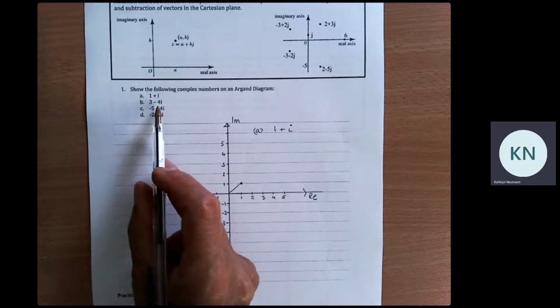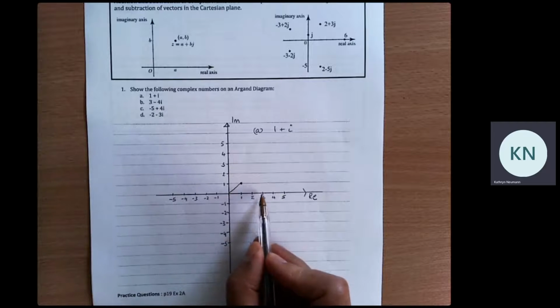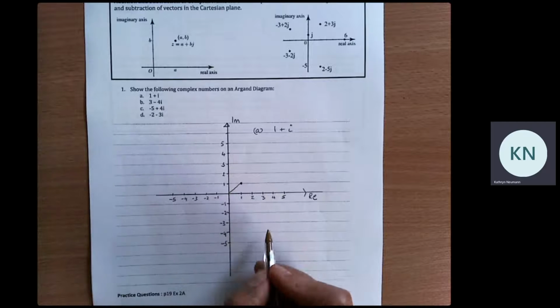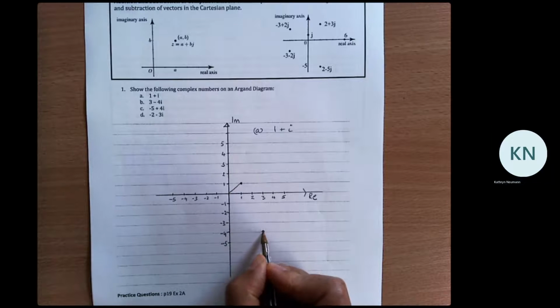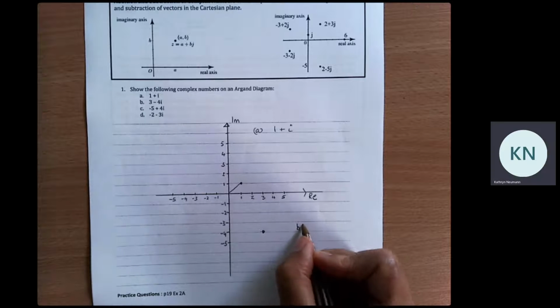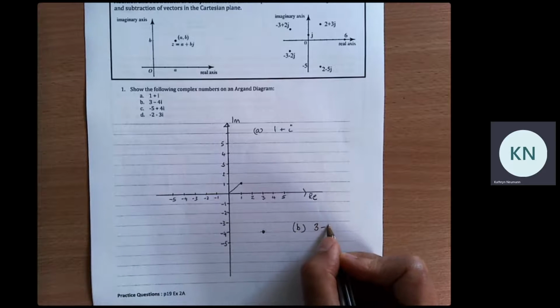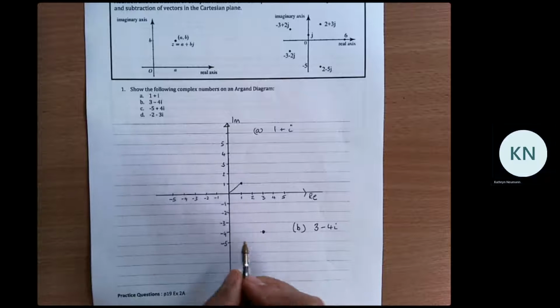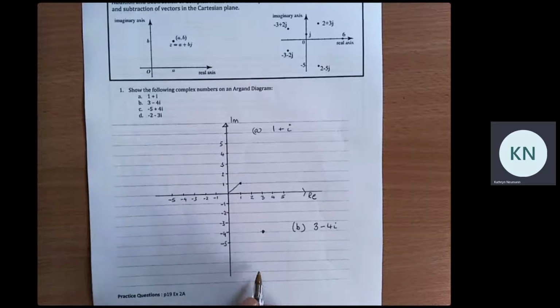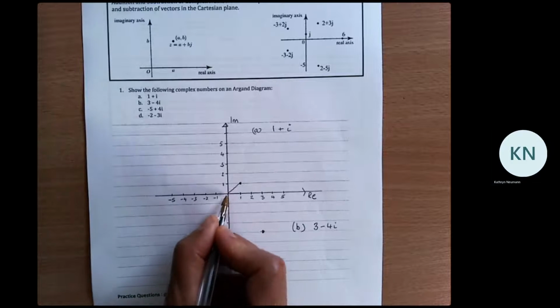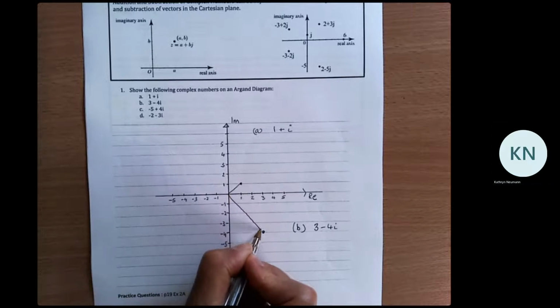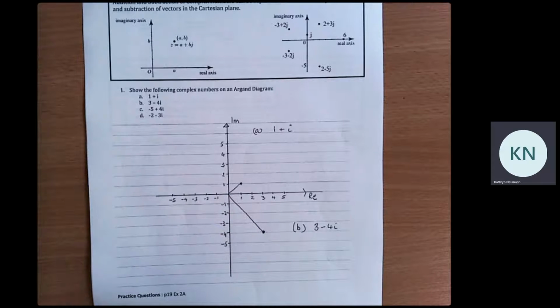Then we're going to plot the point 3 minus 4i. So 3 minus 4i is down here. So this is the point B, 3 minus 4i. And we've joined that up with a straight line to the origin. So it's very much like a vector.